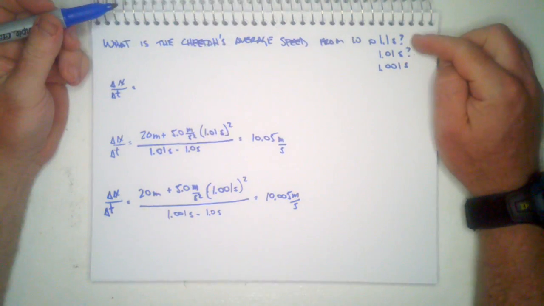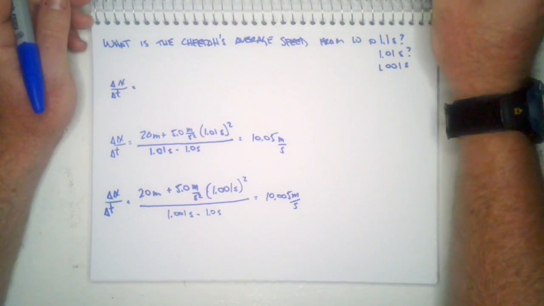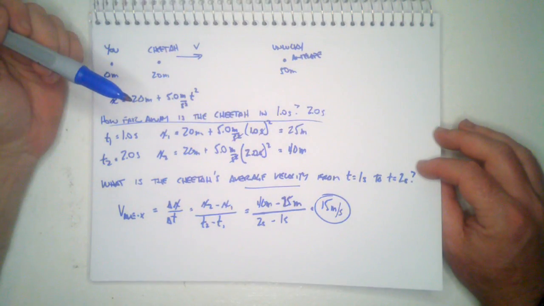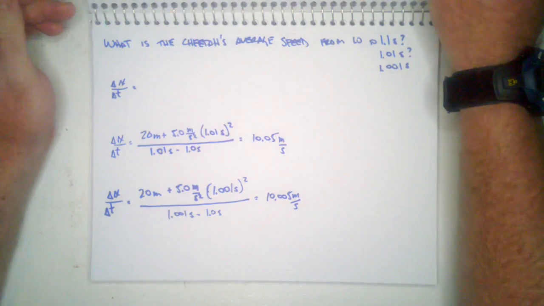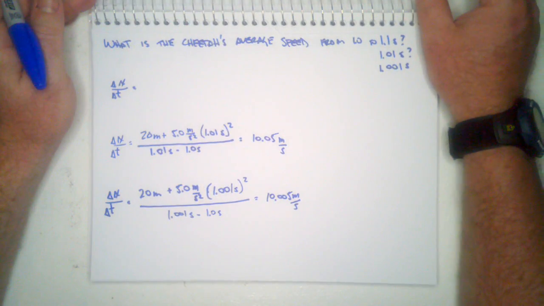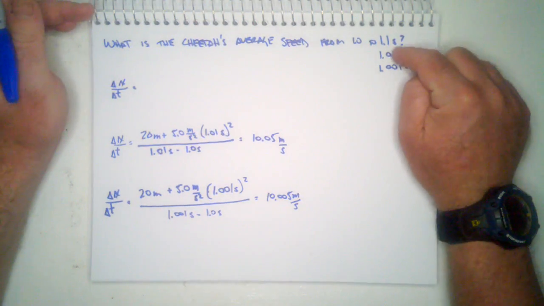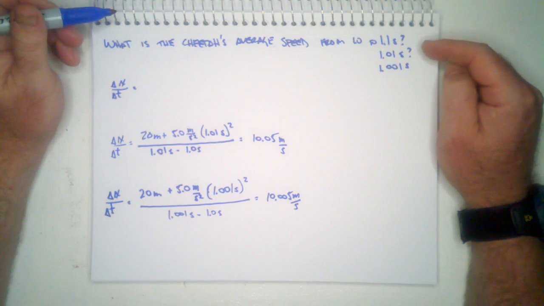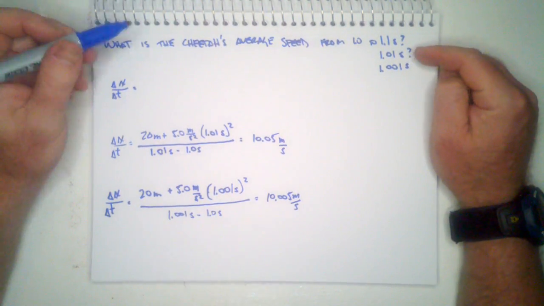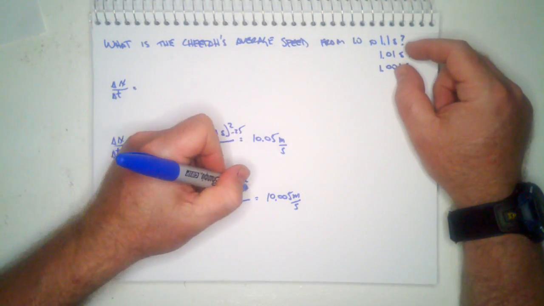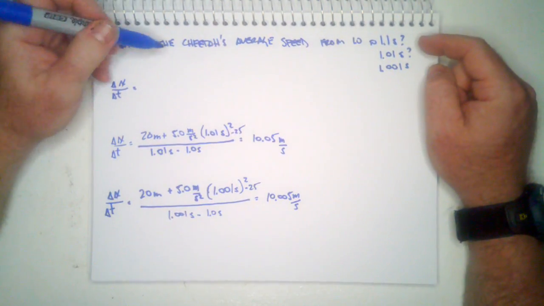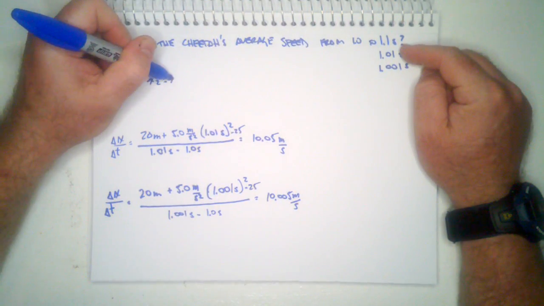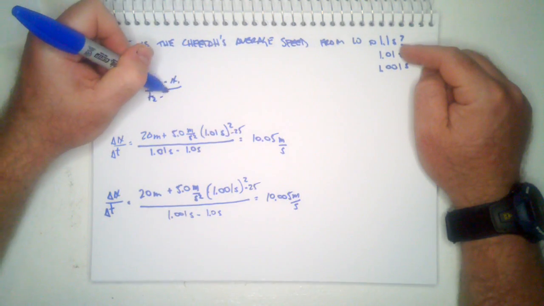So we'll plug that in. We already know at 1 second the cheetah is at 25 meters away. So we're going to use that. The question is, how far away is he at 1.1 seconds? So it's going to be x2 minus x1 over t2 minus t1.